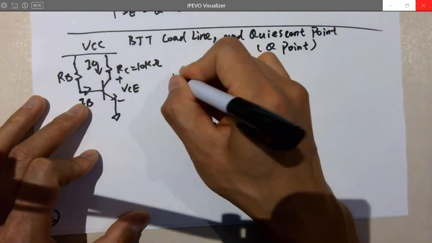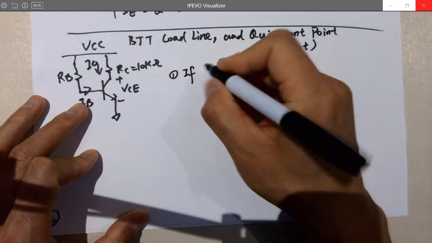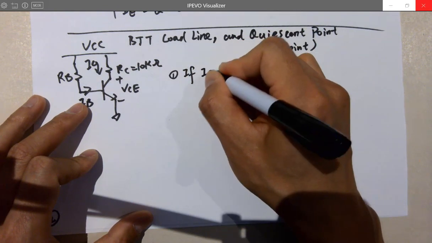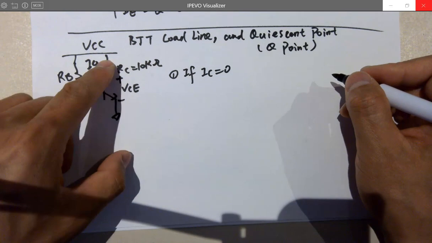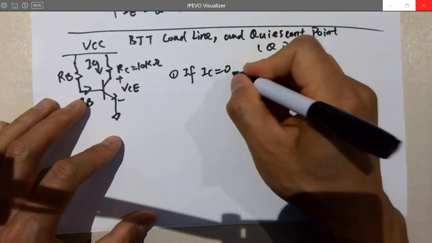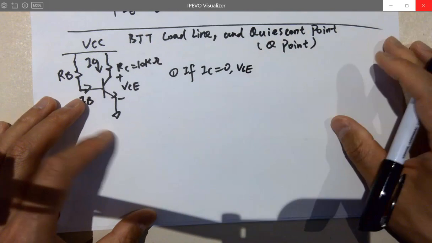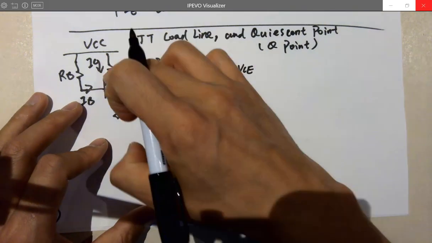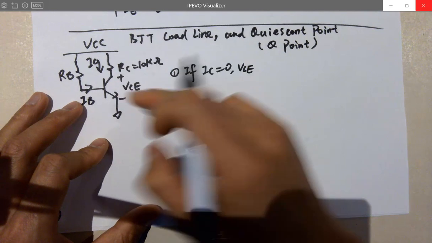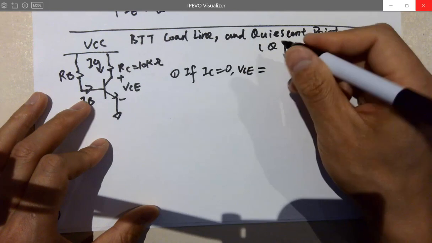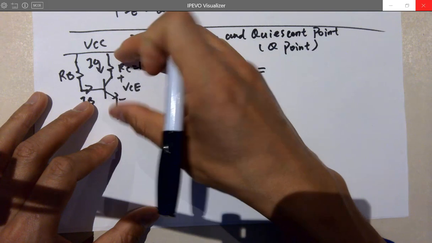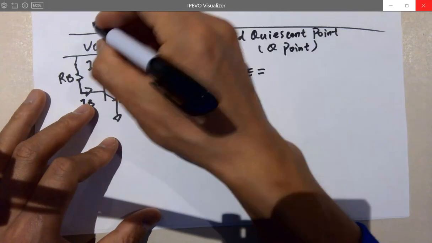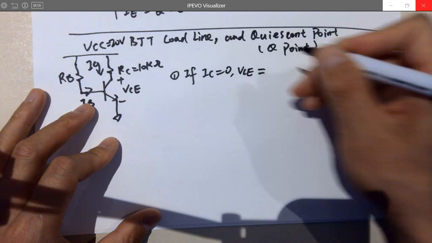So if IC is 0 at some point, what is VCE? VCC, right? 20 volts.